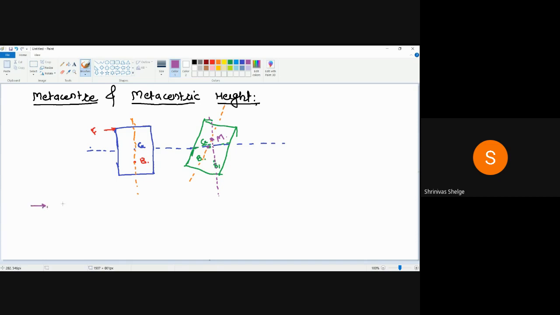Now how can we define this meta center? It is the point about which the body is oscillating. When we give a slight displacement, it gets displaced, regains its original position, and gets displaced again. That means this body is oscillating about some point, and that point about which this floating body is oscillating is known as the meta center.